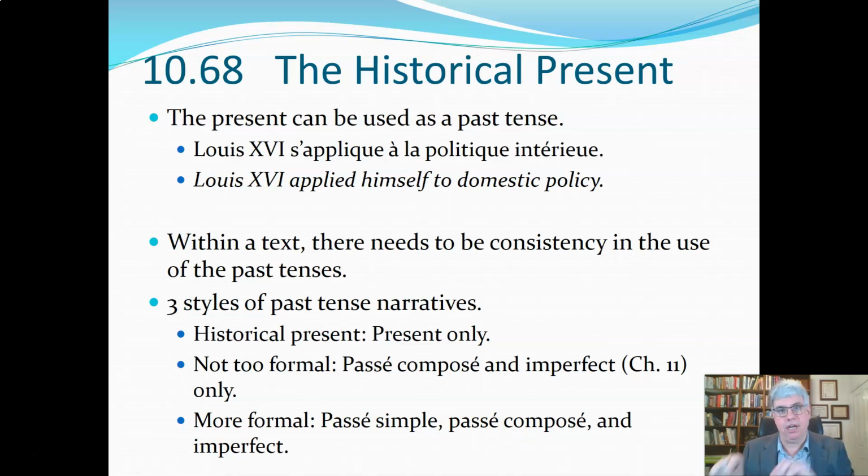He has gone to some place. Not as he went, because passé simple would be that. And the imperfect. You would use all the past tenses together in the more formal historical narrative. So just as French needs to be consistent, you need to be consistent in your translation.